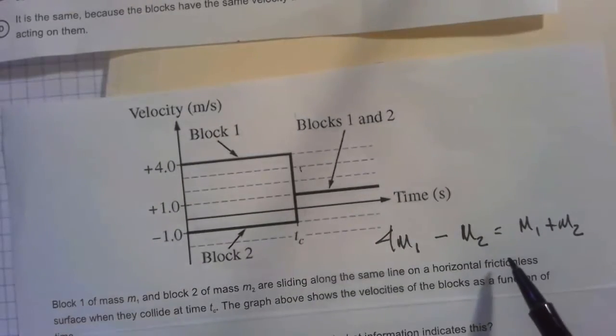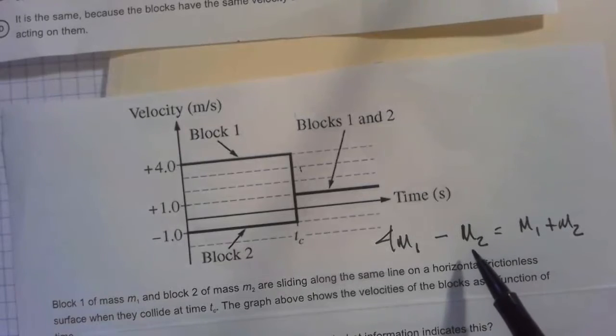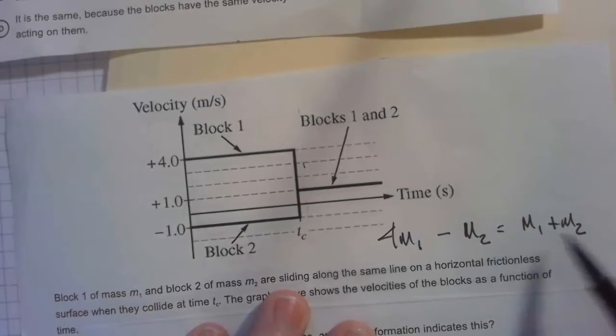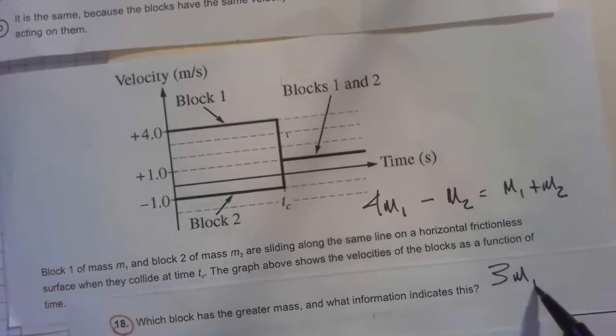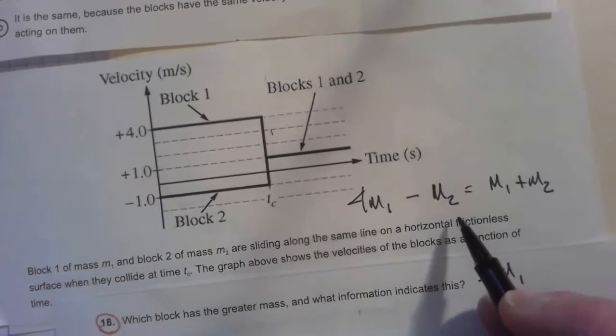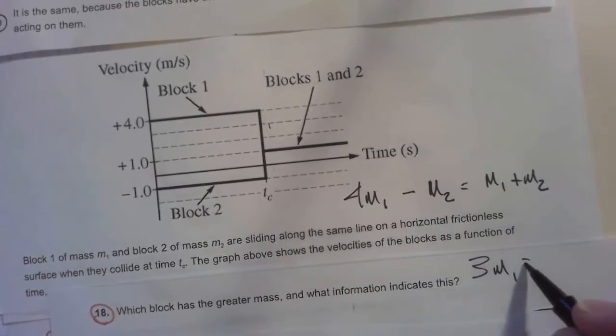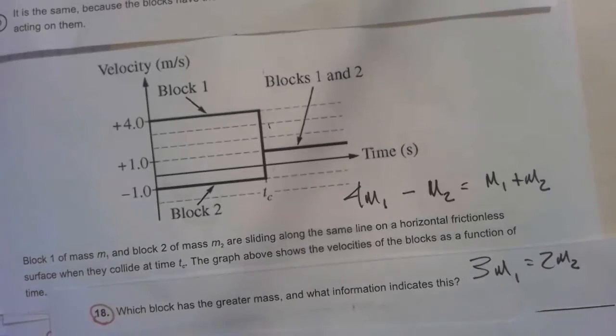So I could add m2 to both sides, so I could end up with 3 m1s by subtracting m1 from both sides, and then adding it equals 2 m2s.